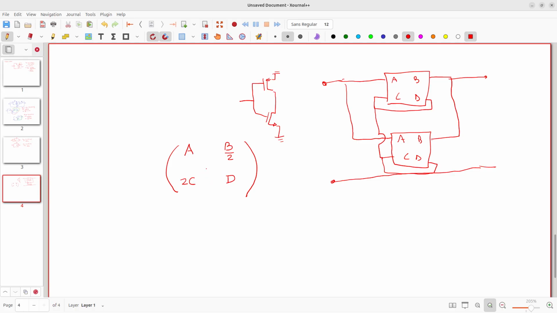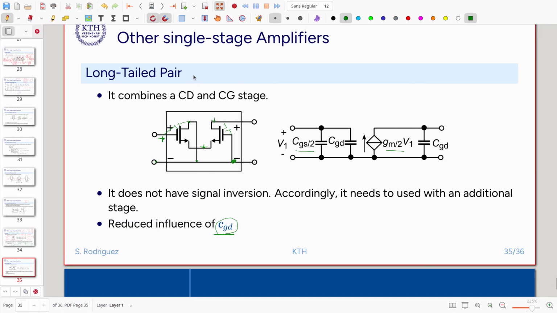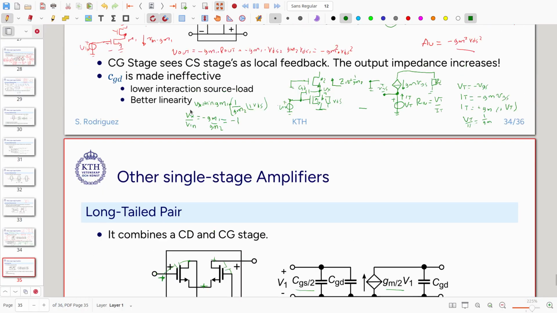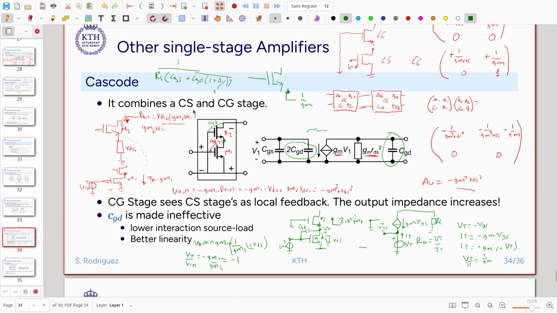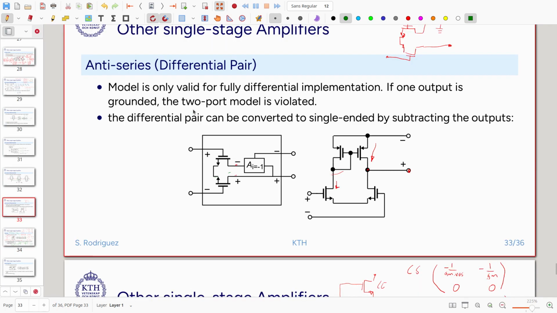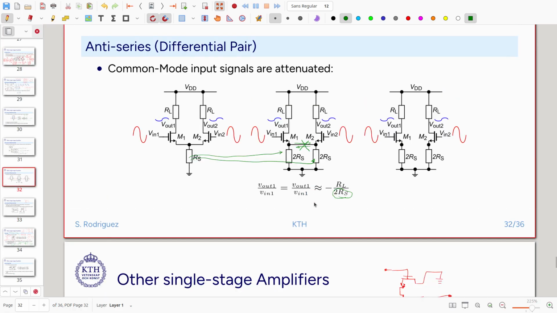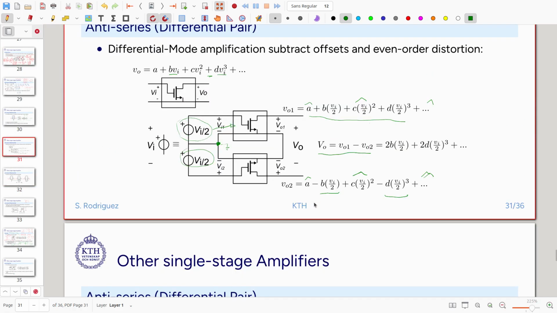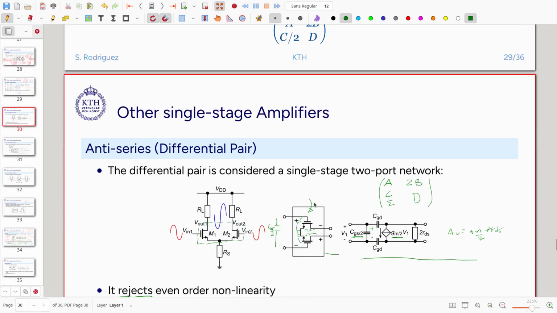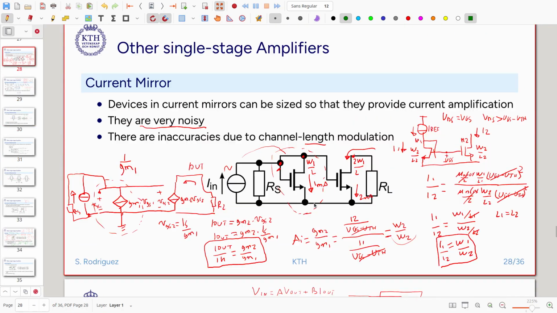So those will be the main blocks that we will use to implement the amplifier. So we have this antiparallel that looks like an inverter. We have a long tail pair. We have a cascode. We have a differential pair, either completely differential or with a single-ended output. And we will have current mirrors.